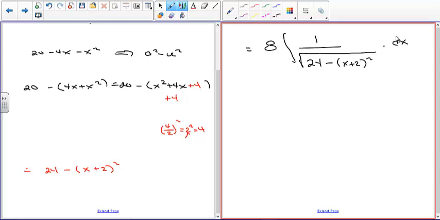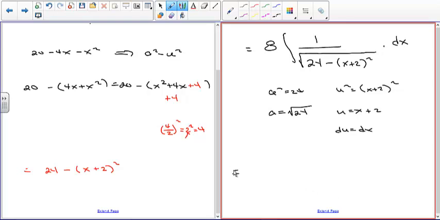Okay, so now we can choose a squared and u squared. So a squared equals 24, and u squared is equal to x plus 2 quantity squared. So a is equal to the square root of 24, and u is equal to x plus 2, and therefore du again is dx.